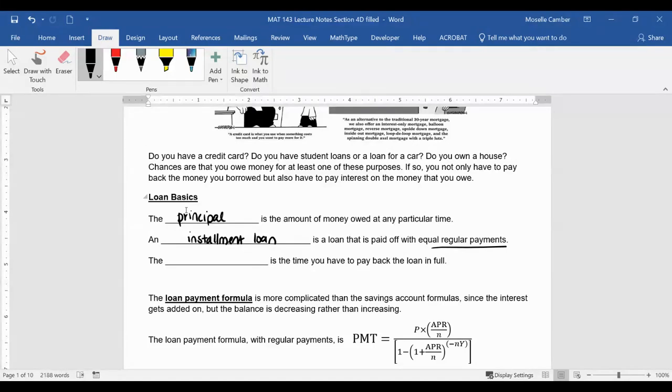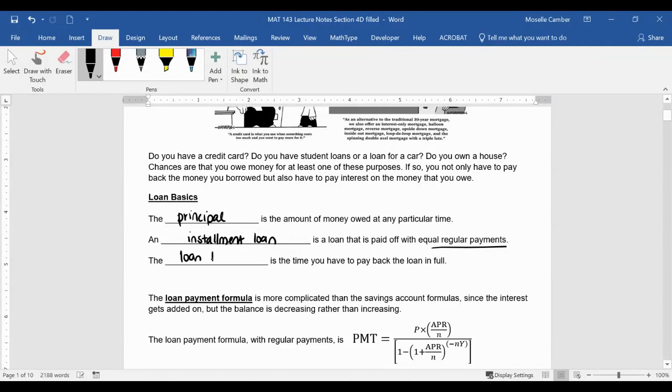Now, an installment loan is used so that instead of having to pay off all of your interest all at once each time, you're just going to spread it out. So like if you buy a house for $200,000 at 4% interest, you're not going to want to pay that 4% every month, or even the 4% divided by 12 every month. So instead, they're going to even it all out, so you have the same payment for the entire loan.